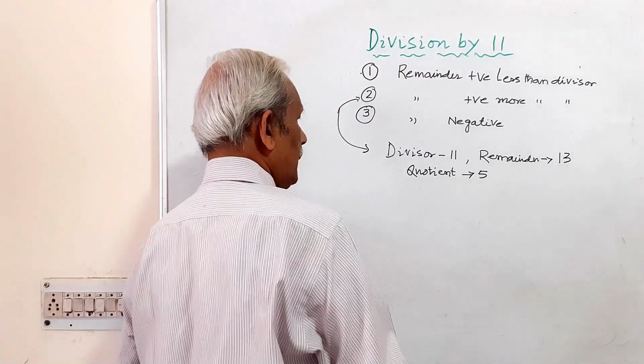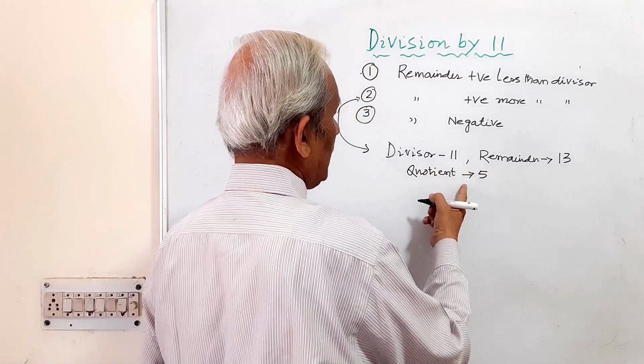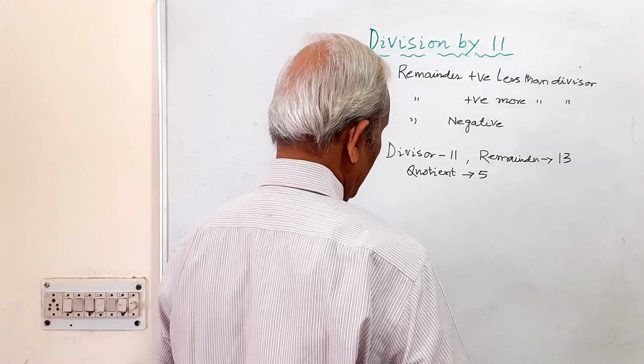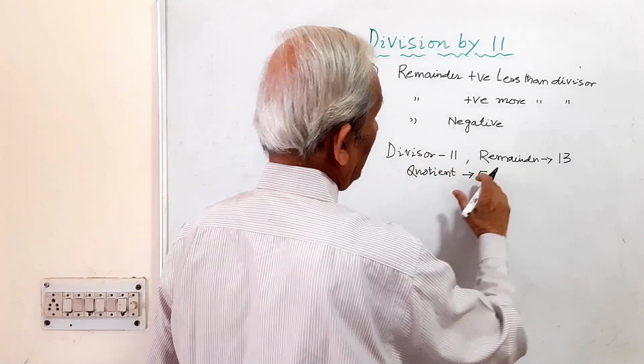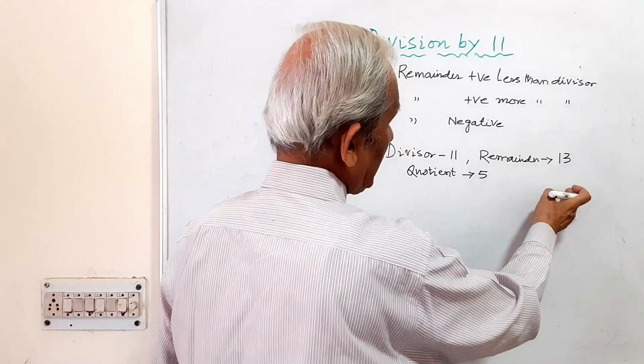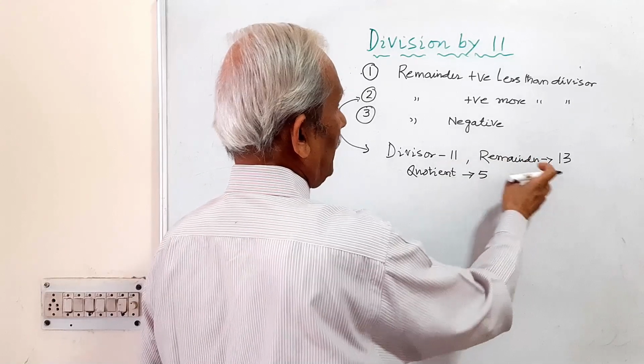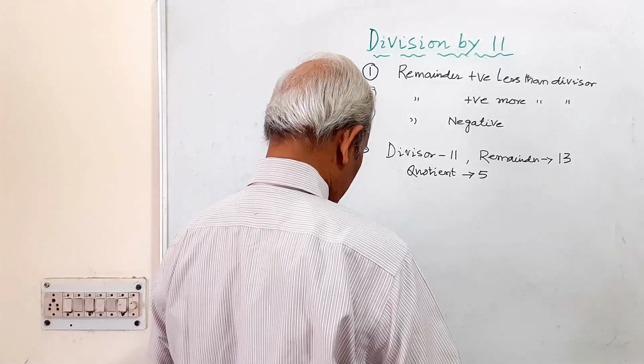Now this is the situation, divisor is 11, quotient is 5, remainder is 13. Now when you divide by 11 and the remainder comes to 13, it is not acceptable because this can further be divided by 11. So what is to be done?